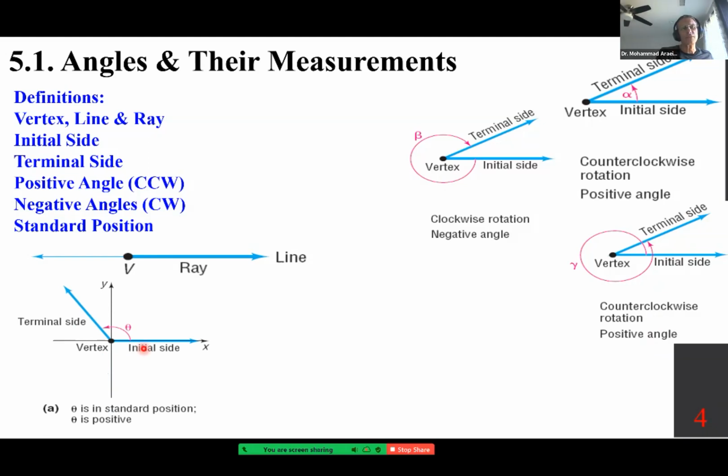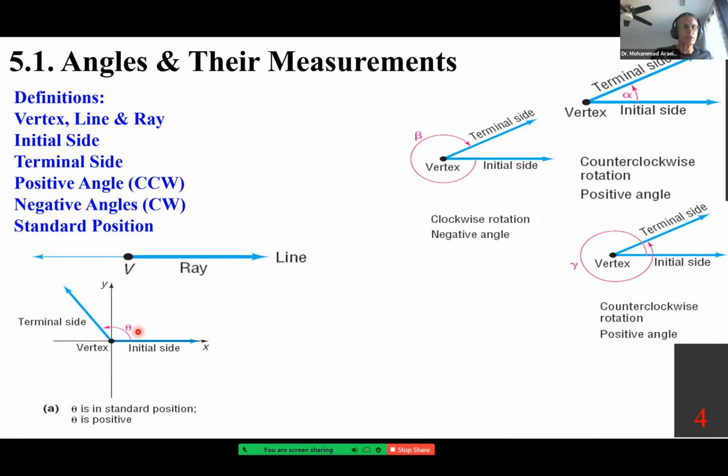When we have the initial side on the x-axis, the vertex on the origin, then the angle it makes with the terminal side, this is in standard position.